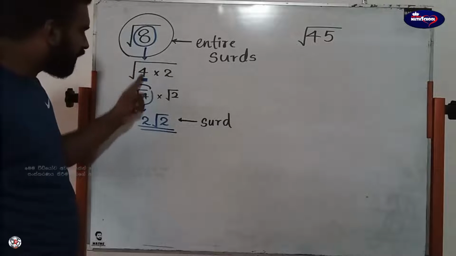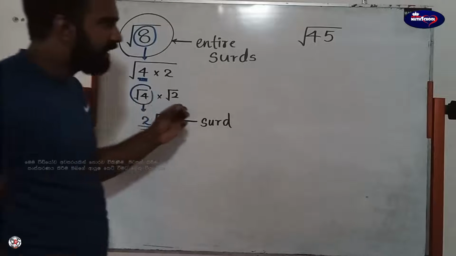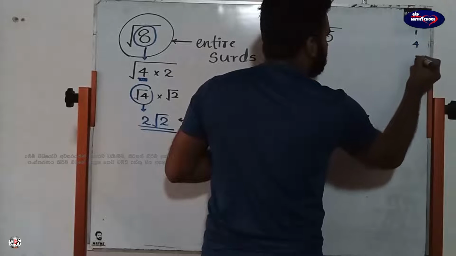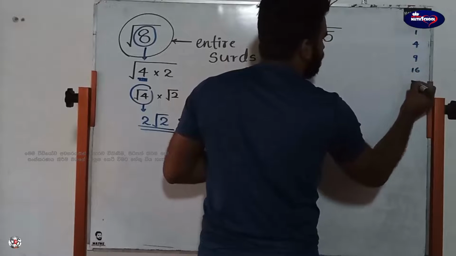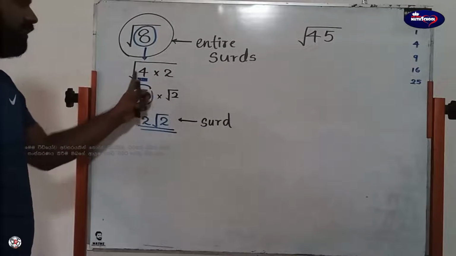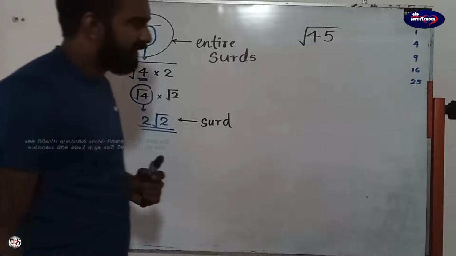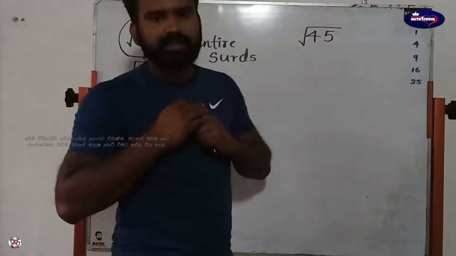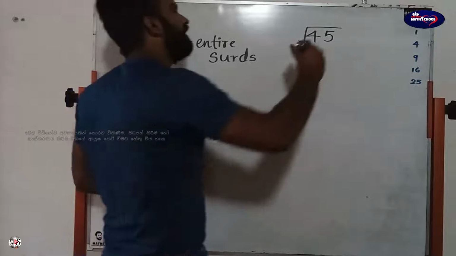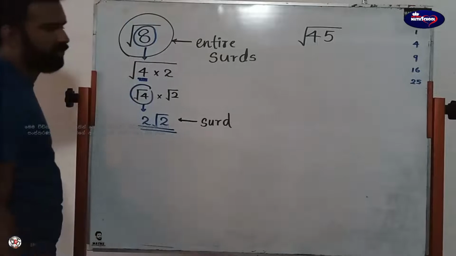One should be written as a perfect square, like 1, 4, 9, 16, those numbers. Use these numbers and try to write this as a product. If you can write it like that, then it will be known as an entire surd. If you can't, then you can't.